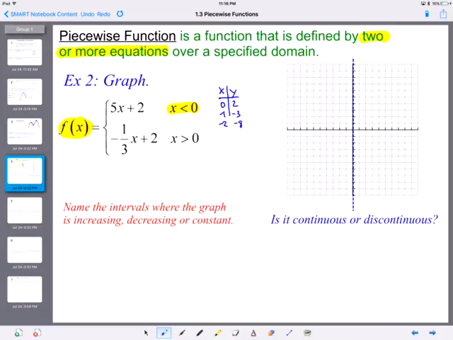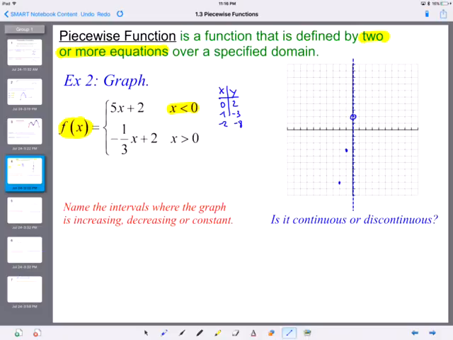So you can see they're actually decreasing by 5 each time. So at 0, 2, we're going to have an open circle right there because it's not actually part of the function because x is less than 0, it's not included. And then at -1, -3, and then at -2, -8.